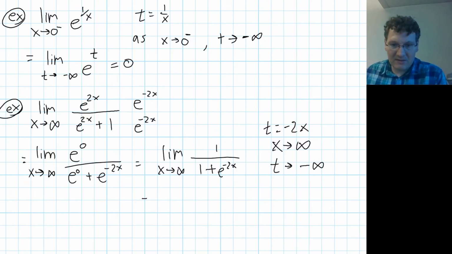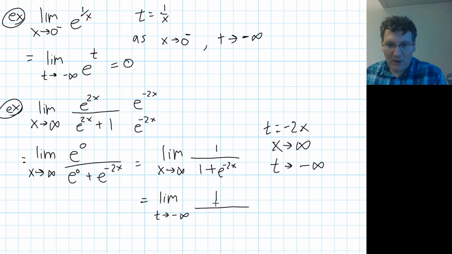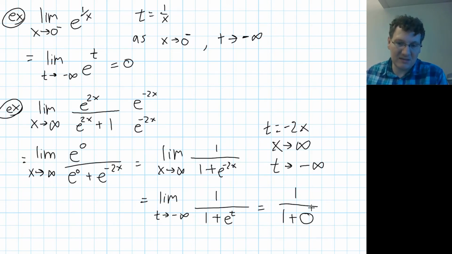And so this is the same as the limit as t approaches negative infinity of 1 over 1 plus e to the t. Well, what's the limit of e to the t as t goes to negative infinity? That's going to be 1 over 1 plus 0. The limit is 0, just as before.